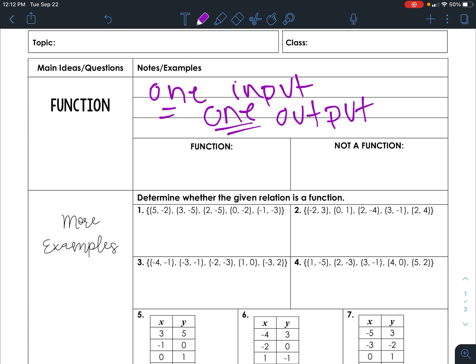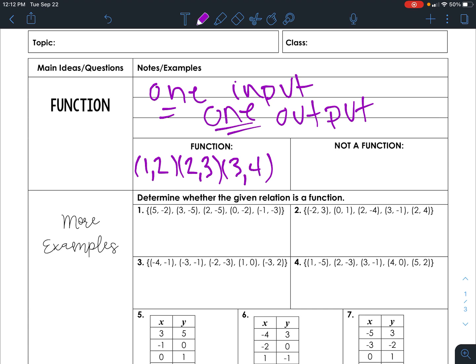So now we're going to use ordered pairs and give an example of a function and an example that is not a function. So I'm going to do 3 here. Okay, so if it's a function, it would be ordered pairs (1, 2), (2, 3), (3, 4).